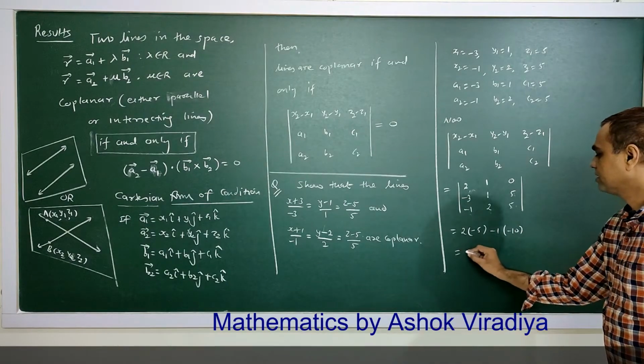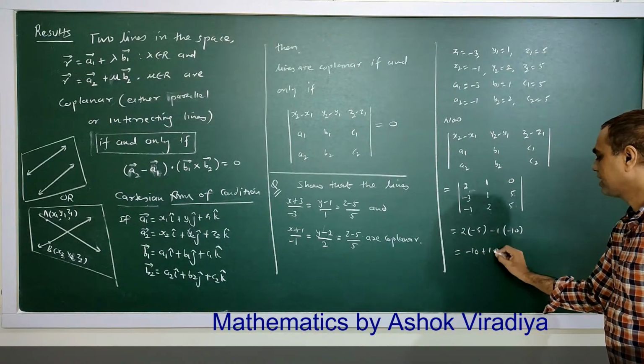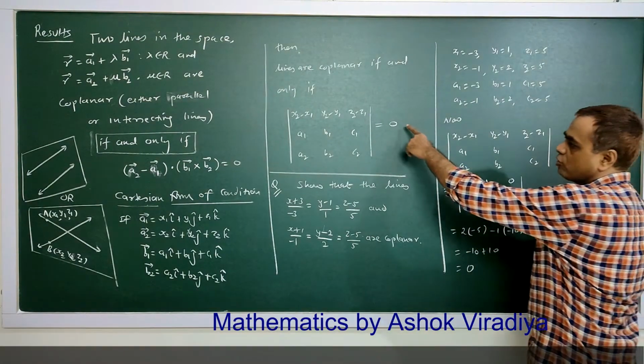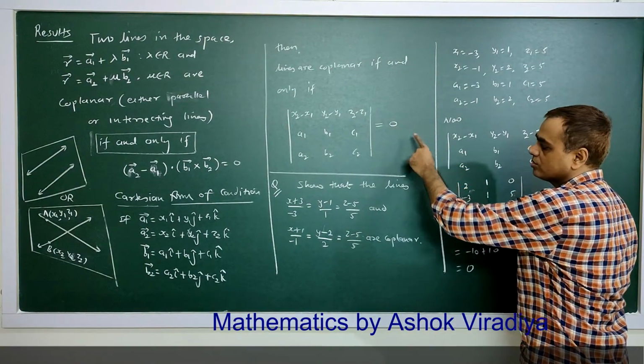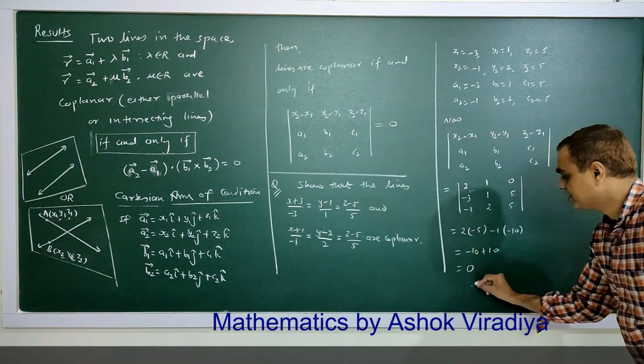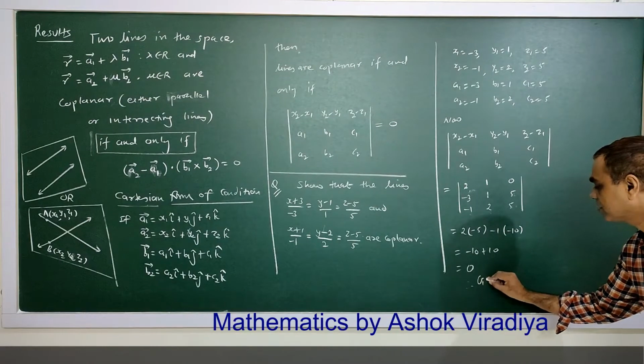So this is minus 10 plus 10, it is equal to 0. So we have obtained 0. Because this is equal to 0, by this condition we can say that given lines are coplanar.